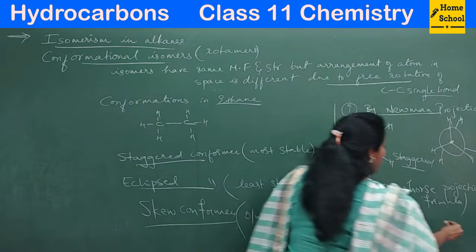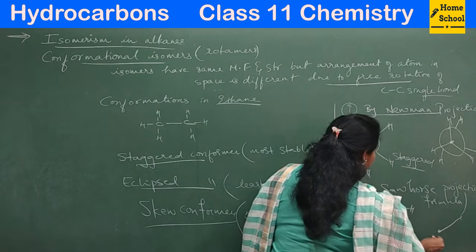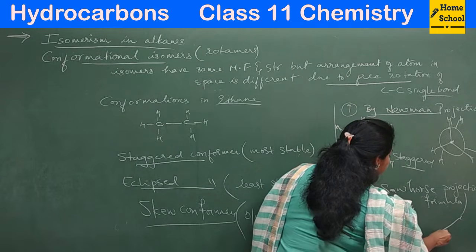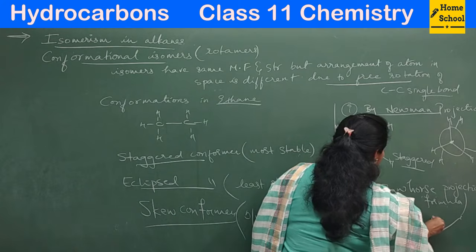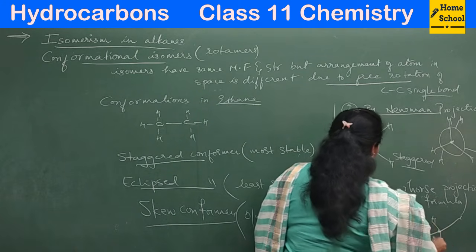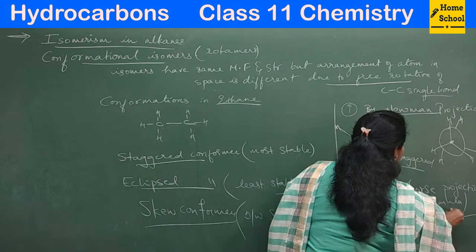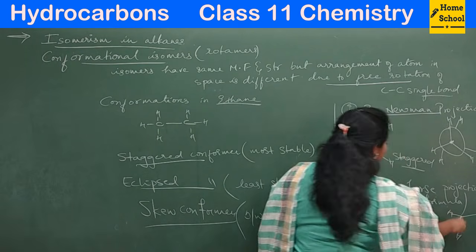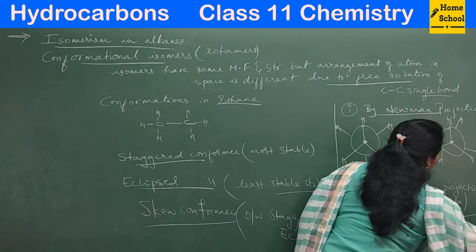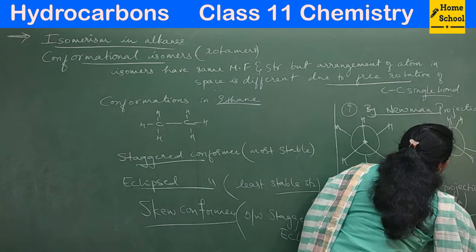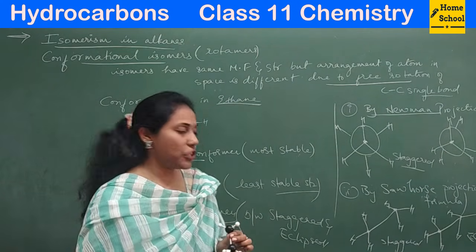And eclipsed, how do we represent that? This is the C-C bond, this is one carbon, this is another carbon, with H, H. See, the hydrogen atoms are slightly near. So this is what we call the eclipsed conformer, which I have shown with the help of the Sawhorse projection formula.